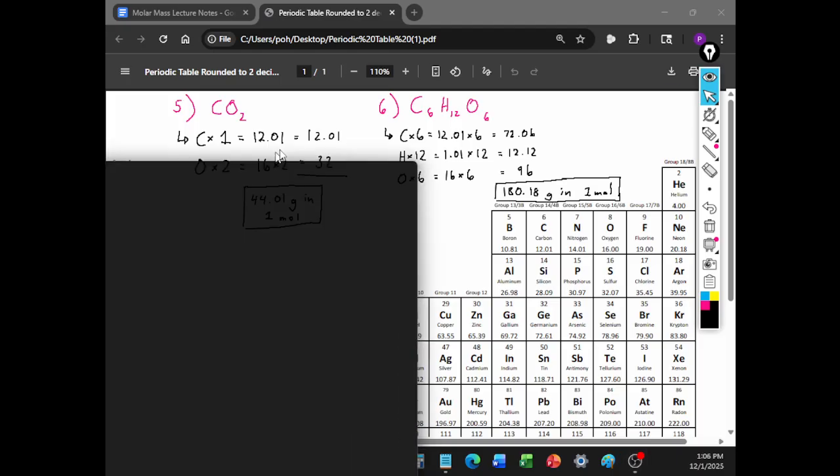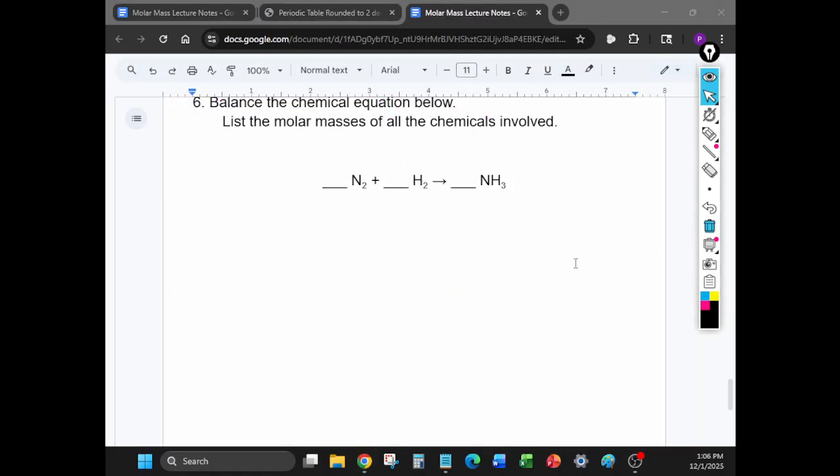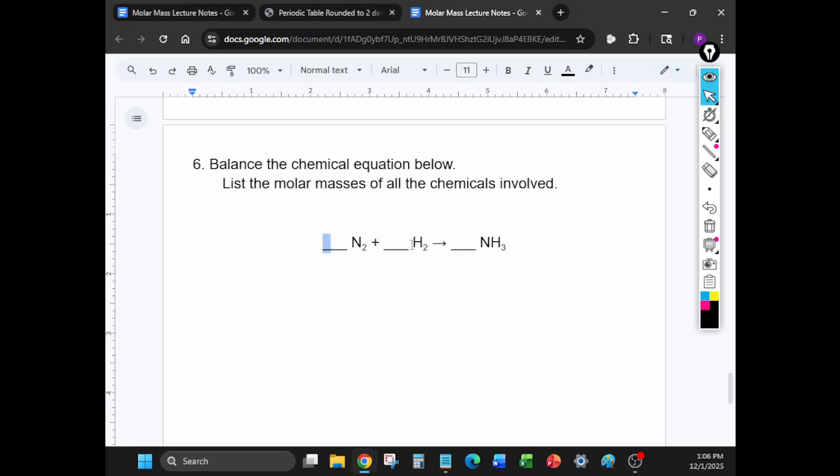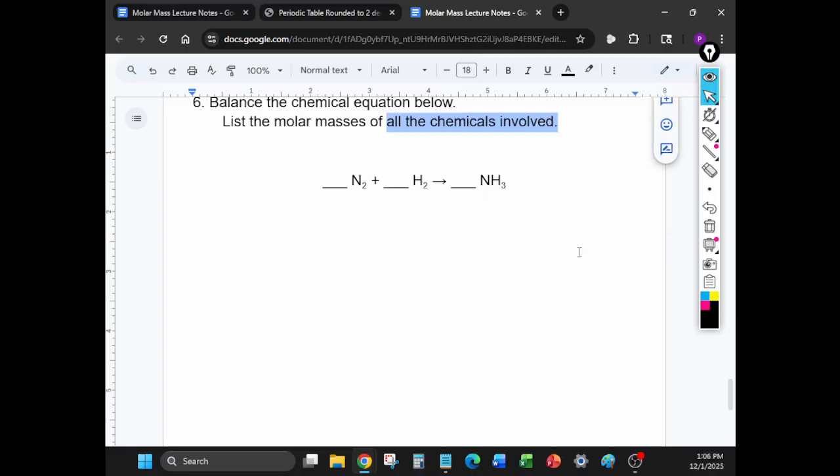So on your assignment today, you'll have questions like this, just letting you know, where you have to balance, and then it tells you to find the molar masses of all the chemicals involved. Now, I'm not going to have you guys do this problem with me. I'm just going to give you a heads up. So what I want you guys to do right now is copy this equation on your paper.